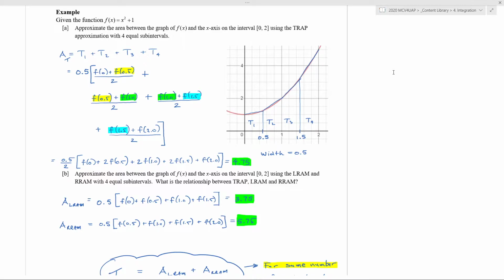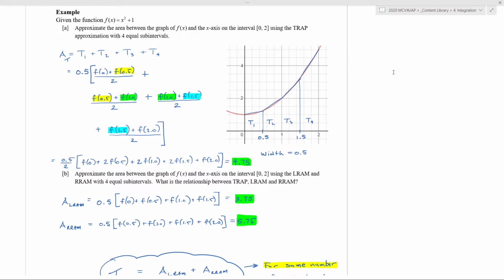So the width of each trapezoid would be a half, right? You take 2, subtract 0, and divide by the number of trapezoids you're using. Okay, and you'll get a width of a half, which I've written under the graph there. Now, we're going to add up the area of trapezoid 1, trapezoid 2, trapezoid 3, and trapezoid 4.